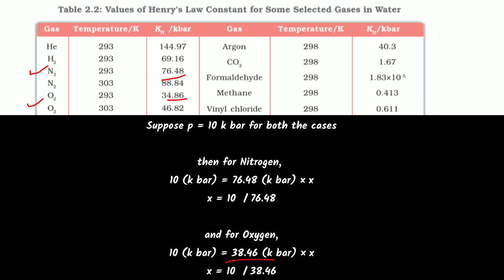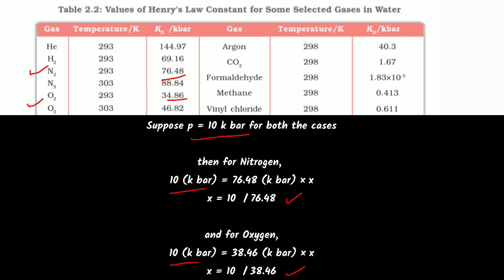Understand? So for oxygen the x will be higher than the x of the nitrogen. That means the mole fraction present in that solution in case of oxygen will be higher than the mole fraction of the nitrogen at a fixed amount of pressure, according to Henry's law.